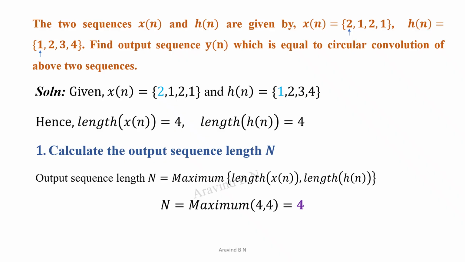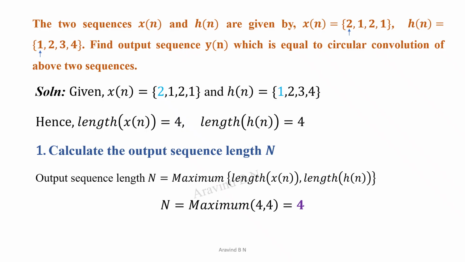Let us go through a simple example of circular convolution in frequency domain. The two sequences x of n and h of n are given by x of n is equal to 2, 1, 2, 1, h of n is equal to 1, 2, 3, 4. Find output sequence y of n, which is equal to circular convolution of two sequences.